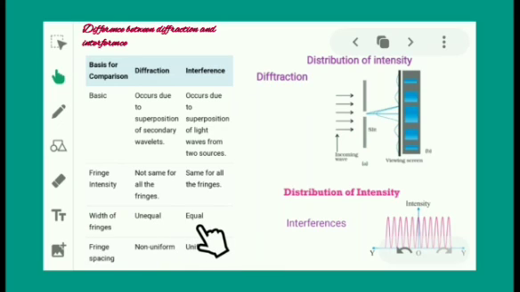In interference, the width of all the fringes is the same. Then the fringe spacing is non-uniform in diffraction. Here it is uniform. Then the intensity versus wavelength for diffraction and for interference, this is the graphical representation of the distribution of intensity in diffraction and in interference.